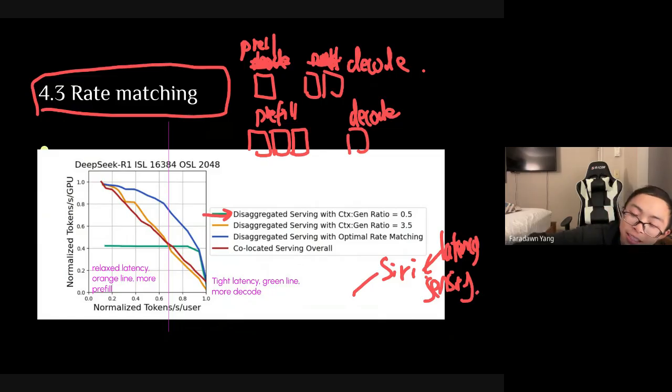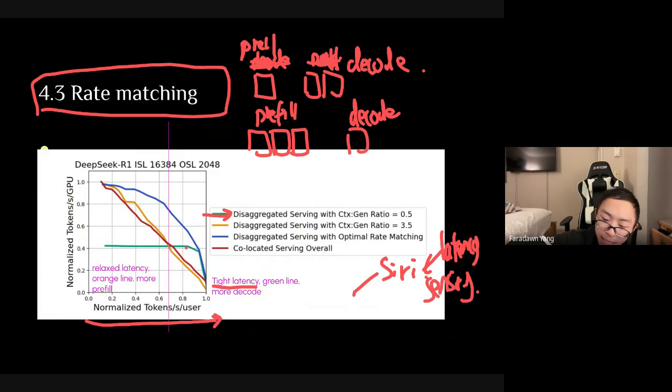You want the real-time interaction. So the decode, you want it to be fast. In this case, tighter latency means on the x-axis, your latency requirement is very tight, so it's on the right side of the axis.